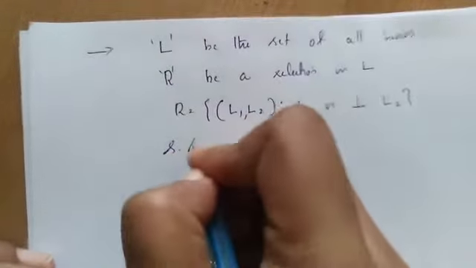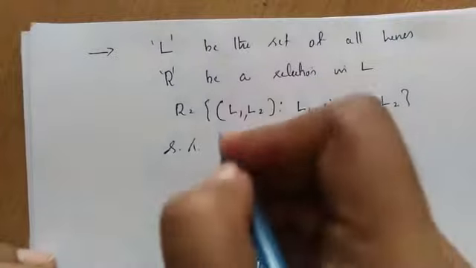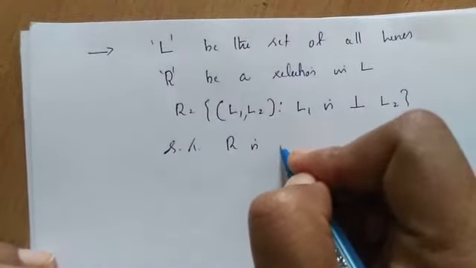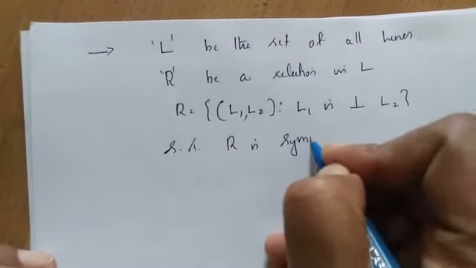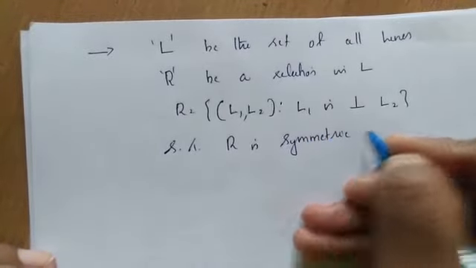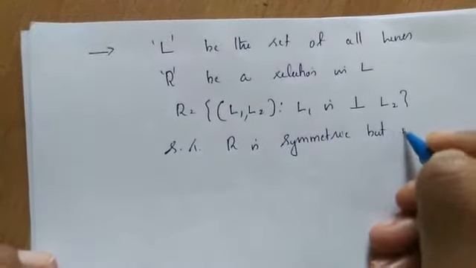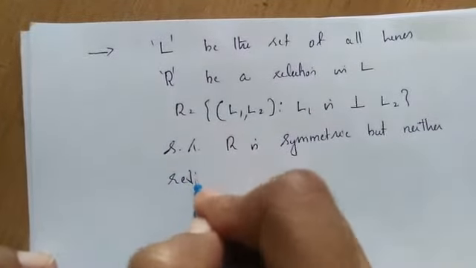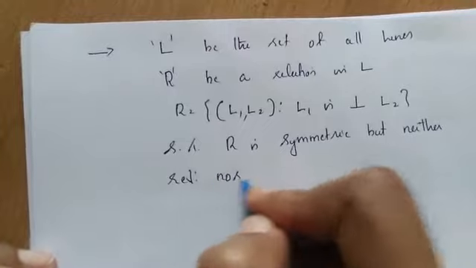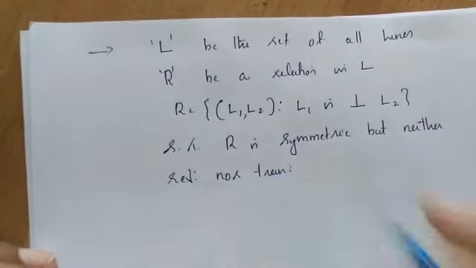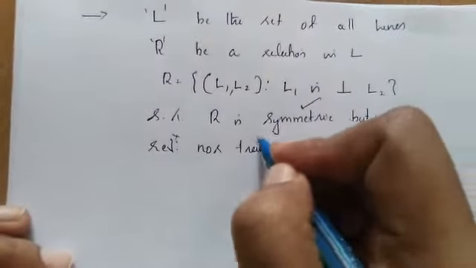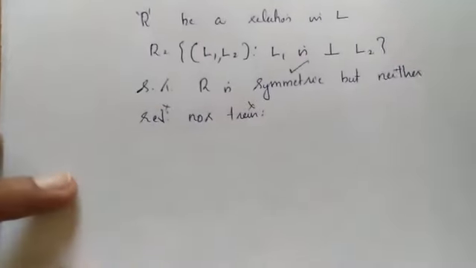Show that R is symmetric but neither reflexive nor transitive. That is, to show R is symmetric but not reflexive and transitive.